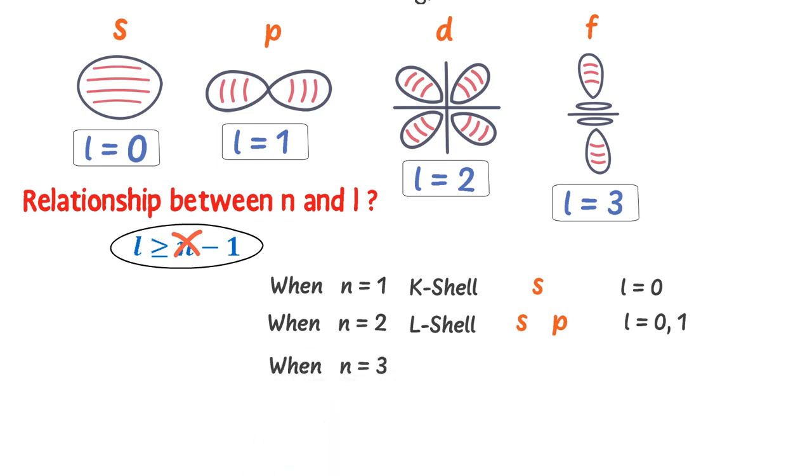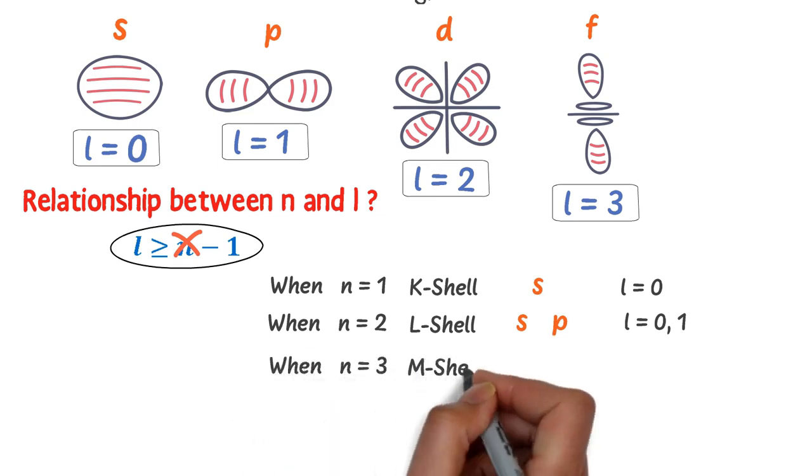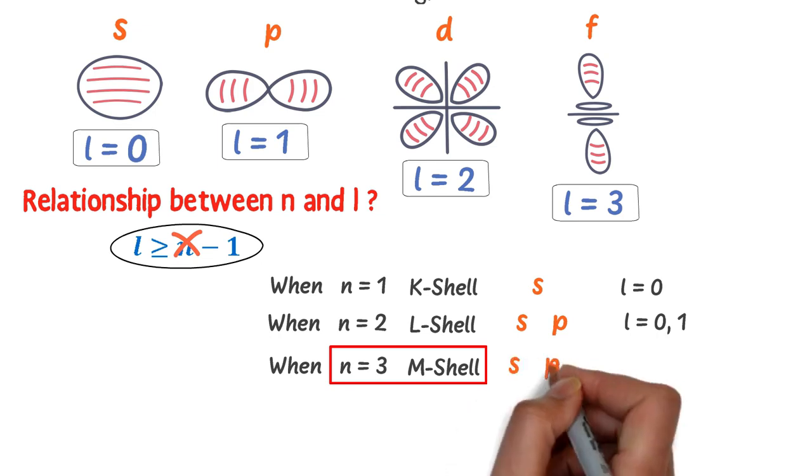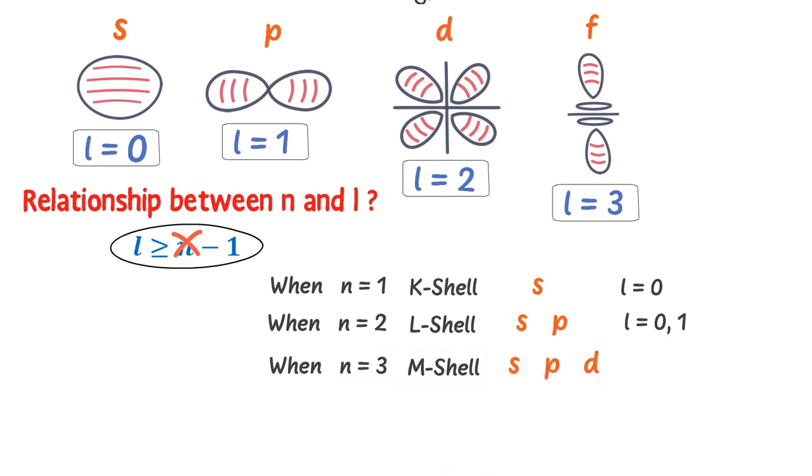Thirdly, when n is equal to 3, it is M shell. n is equal to 3 means that there are 3 sub-energy levels s, p and d. And we start sub-energy levels from 0 as 0, 1, 2. Thus when n is equal to 3, l is equal to 0, 1 and 2.